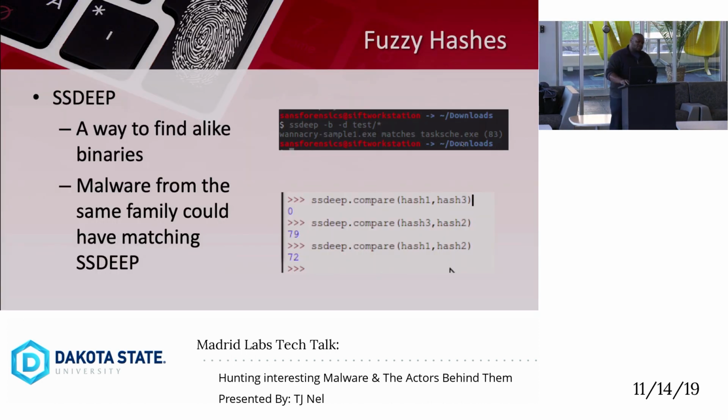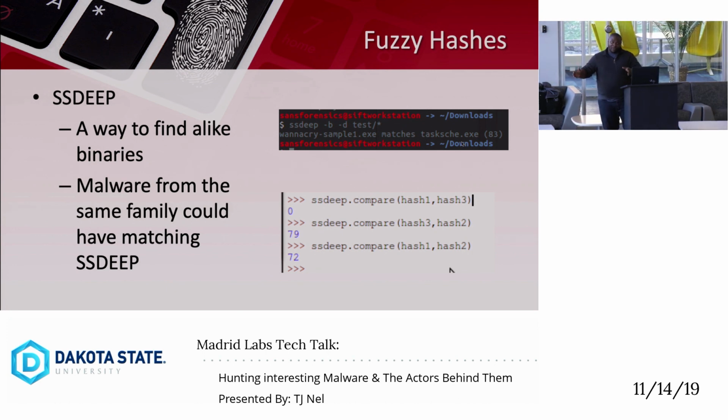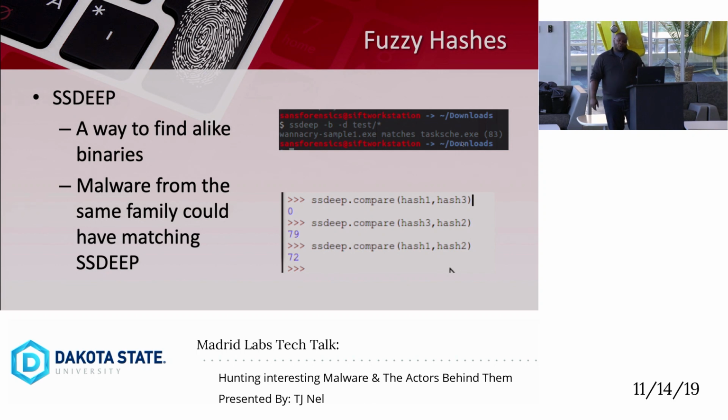So the first one I wanted to talk about is fuzzy hashing. Now, there's a really good tool for this called SSDeep. And so what fuzzy hashing does, unlike how MD5s and SHA-1s work, where you can identify a piece of data with a fingerprint signature, fuzzy hashing looks for like-type binaries.